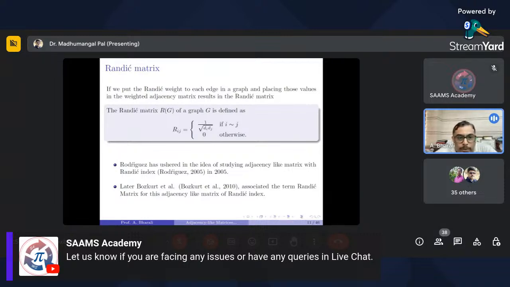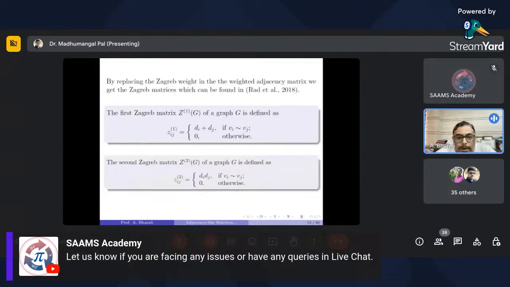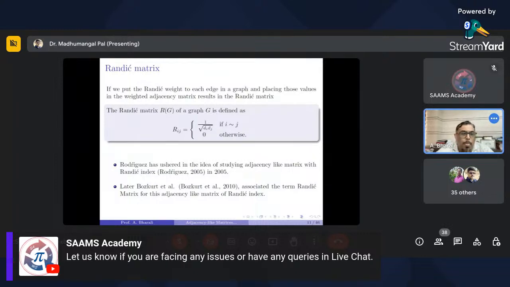Corresponding to the Randic index, the Randic matrix was defined by Rodriguez and others in 2005. They have also defined the geometric arithmetic matrices, and so on and so forth. Later it was Borjak who studied this further.